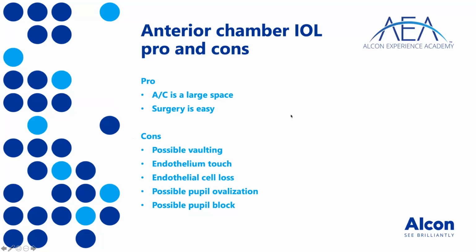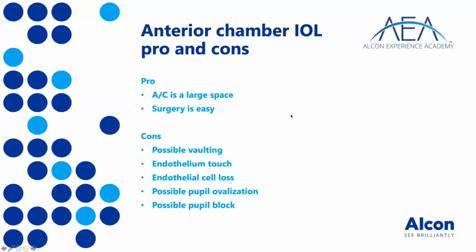On the cons side, there is the possible vaulting of the lens, even if this is less and less frequent because the lenses are more and more modern, so usually they are very well adapted to the anterior chamber. There is a definite possibility of endothelium touch.